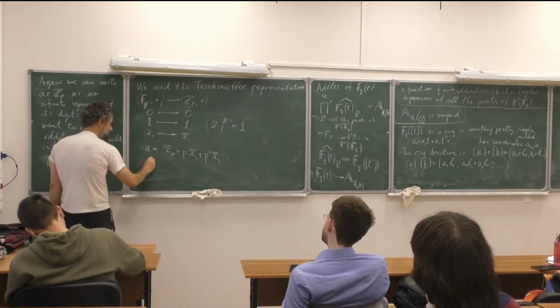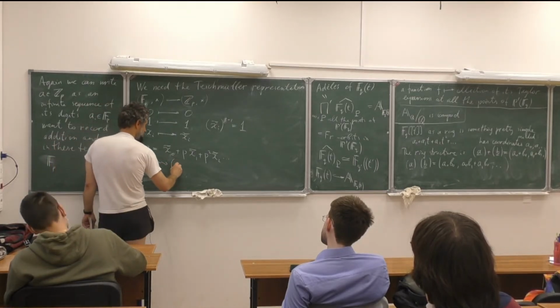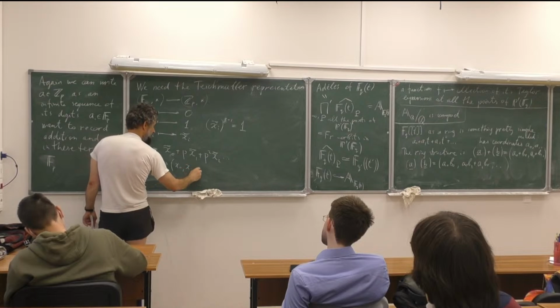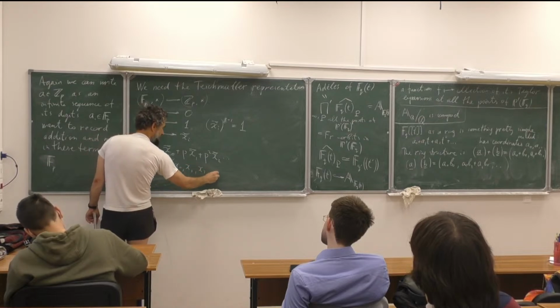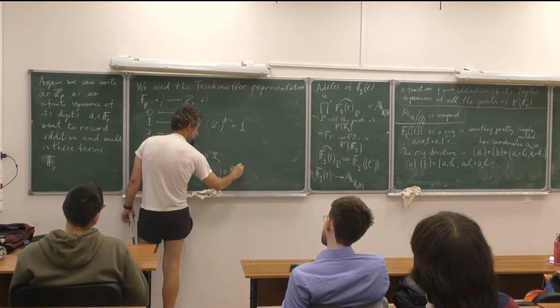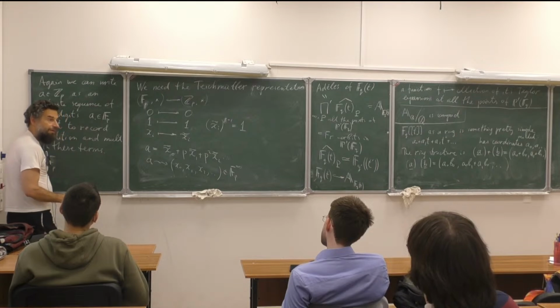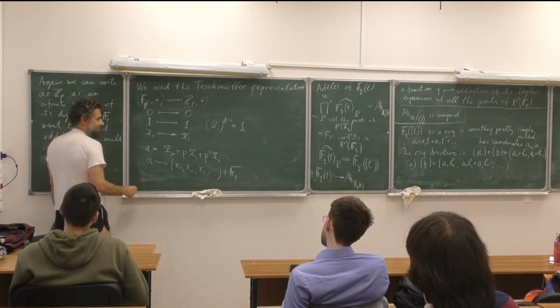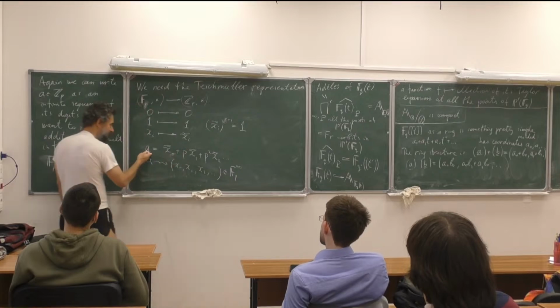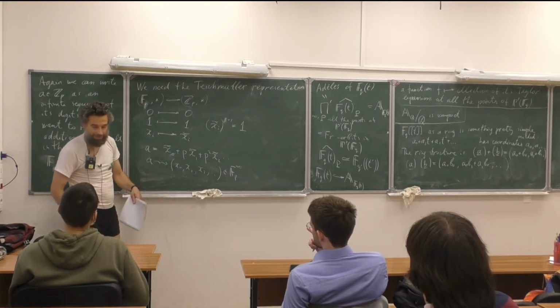And then to this a we associate this sequence x0, x1, x2 and so on in F_p to the infinity. Okay? So we just decompose any p-adic integer in this Teichmüller basis, so to say.